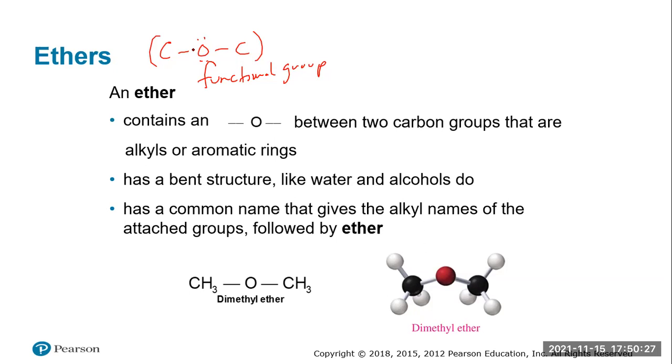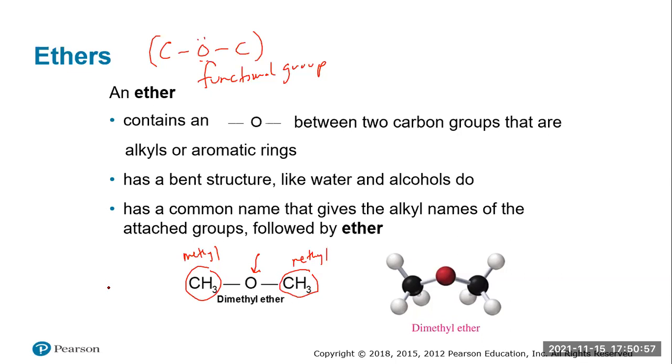The common name gives the alkyl names of the attached groups, and you just put ether at the end. For example, here, very simple: you find your oxygen between the two carbons, and you look to the left and find what group you have there, which is a methyl group. We look to the right and see a methyl group.